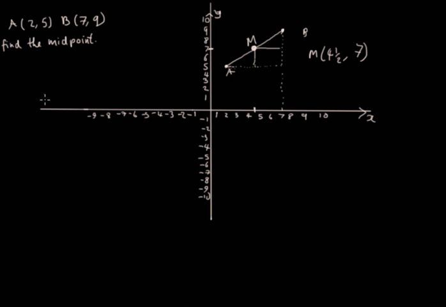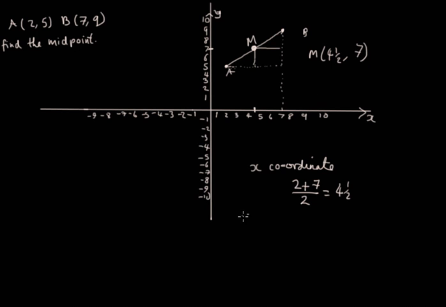Now we can work that out by looking at the actual coordinates. So let's think about the x coordinate. So you've got 2 and 7. If we take an average, 2 plus 7, and then divide that by 2, we get 4.5, which is our x coordinate.